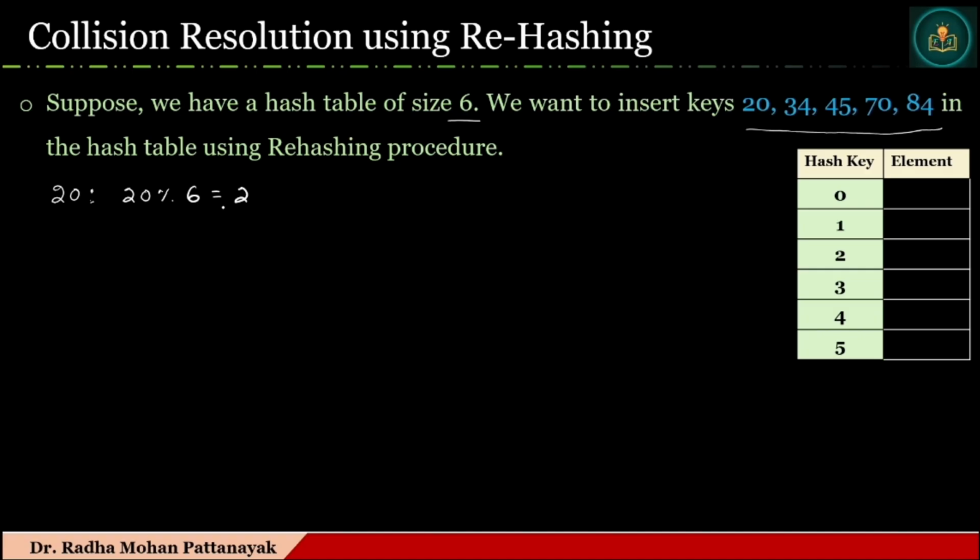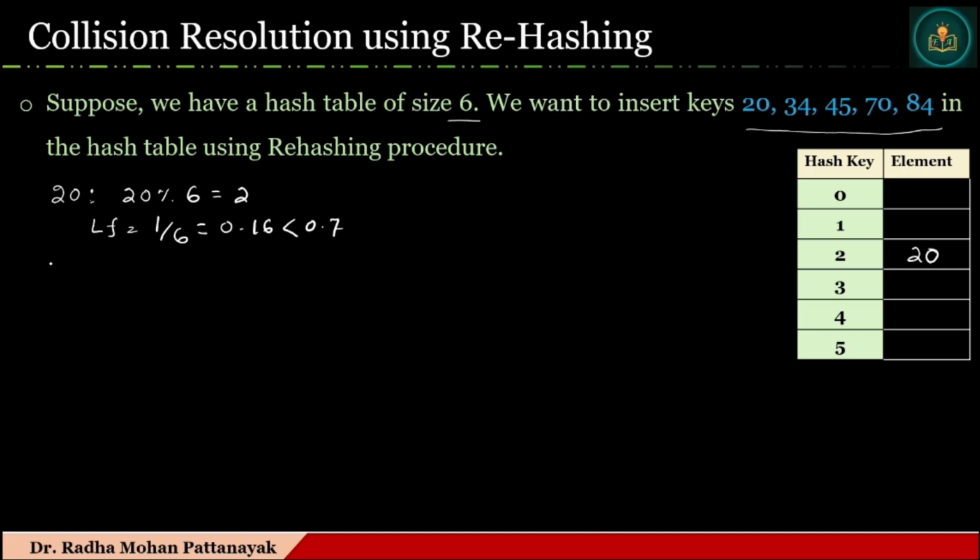After insertion of 20, one element will be in the table, so the load factor is 1 divided by 6, which equals 0.16, less than 0.7. So we can insert 20 into address 2.